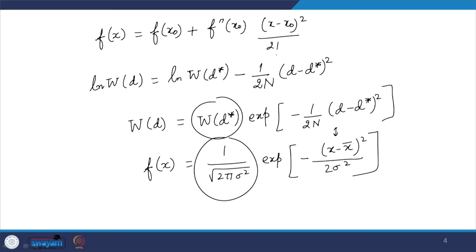And the reason for this is the following. If you recall, if I am looking at a probability distribution function, if I integrate that over the entire range, that must be equal to 1, right.